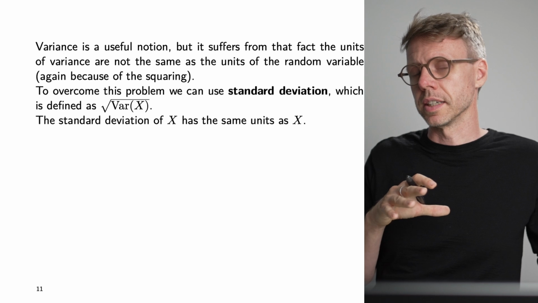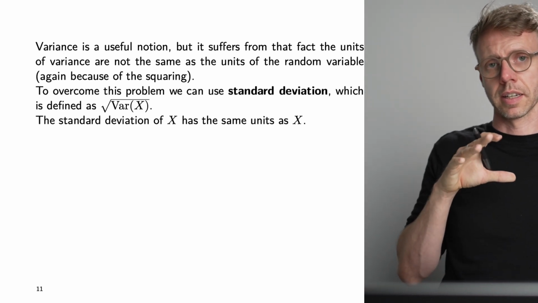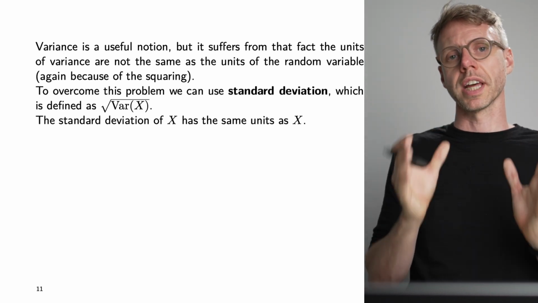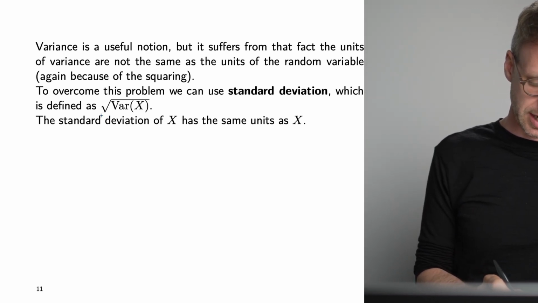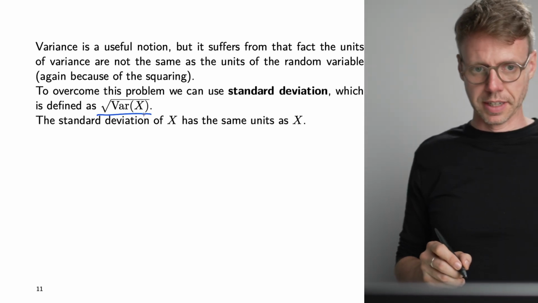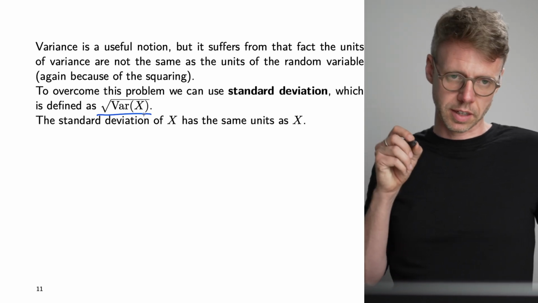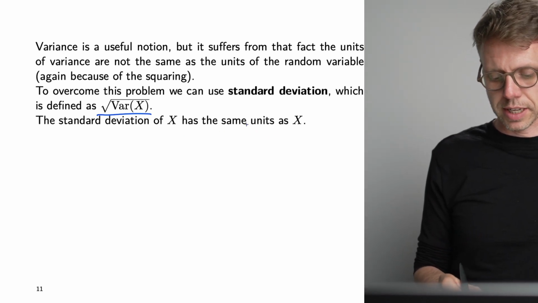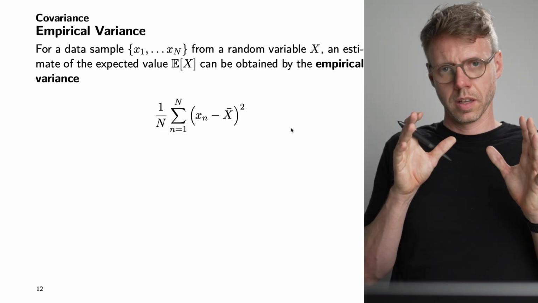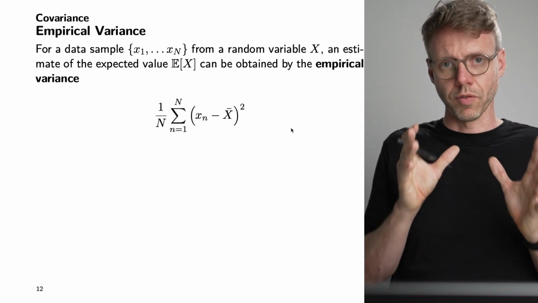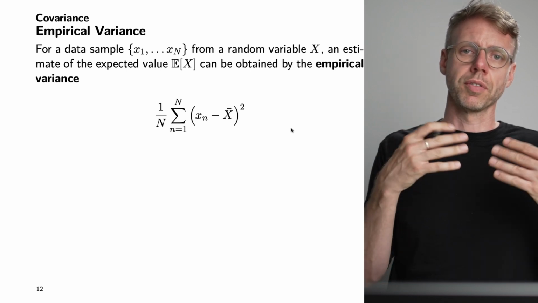The quantity that does give us this information is the so-called standard deviation, which is defined as the square root of the variance. The standard deviation now has the same units as x itself. The variance is a property of the random variable.